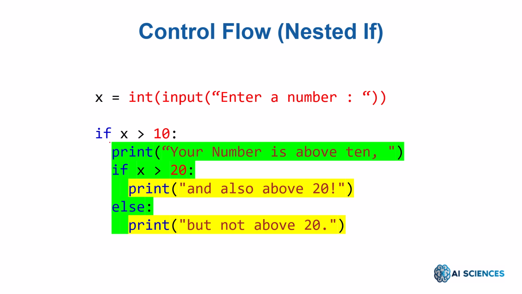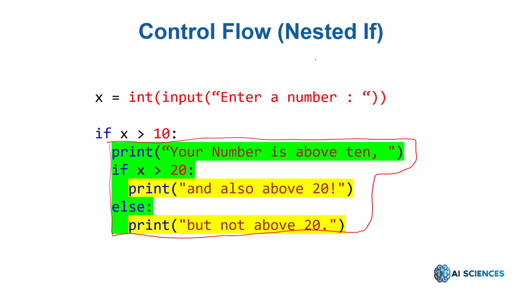This whole block is actually the body of the if. So this print function and this if condition are all in the body of this outer if. Now, after printing your number is above 10, inside the body of the if condition, we can have another check.